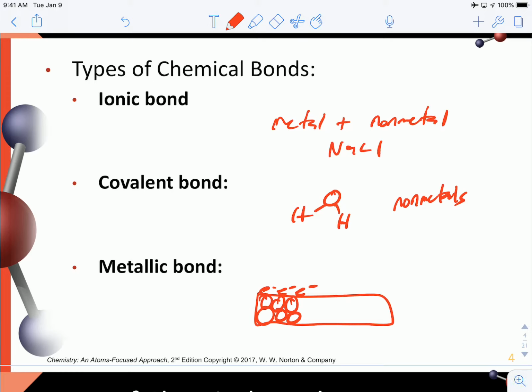However, we learned about electronegativity in Chapter 3, and we realized that classification really comes from the differences in electronegativity. Something that is truly an ionic bond has to have a large difference in electronegativity. I forget the numbers your book uses, but something like greater than 2 in terms of a difference in electronegativity makes it really an ionic bond.